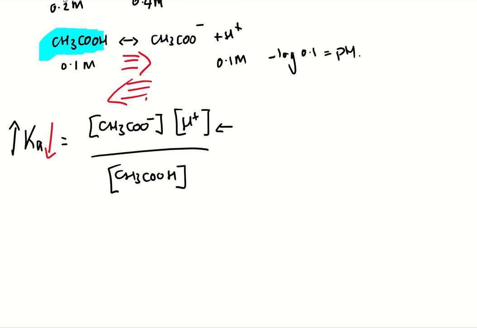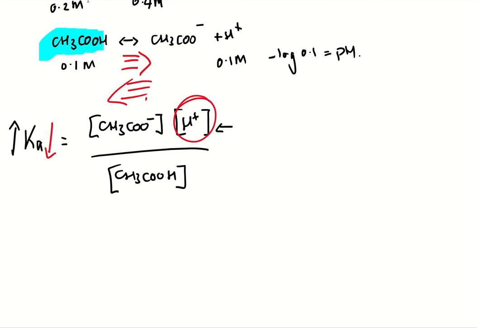So if I can calculate the concentration of these values, then I can rearrange this equation to calculate the H plus ion concentration, and that in turn will allow me to calculate the pH.